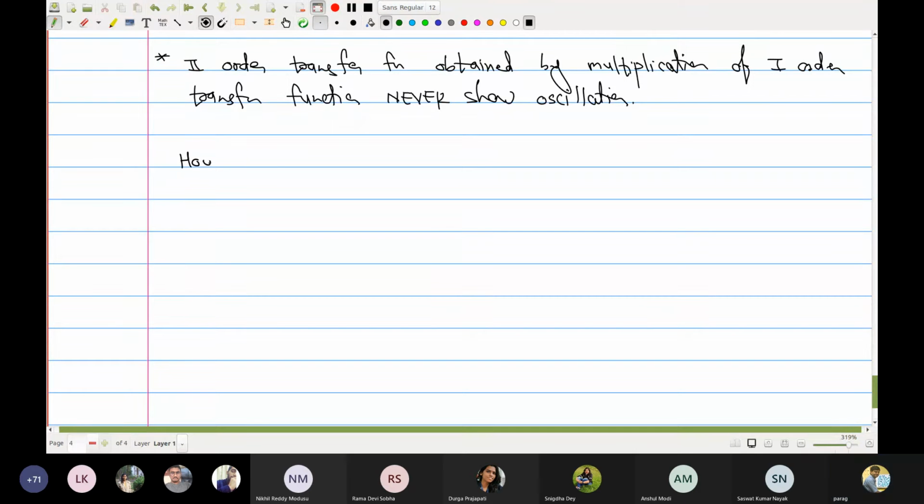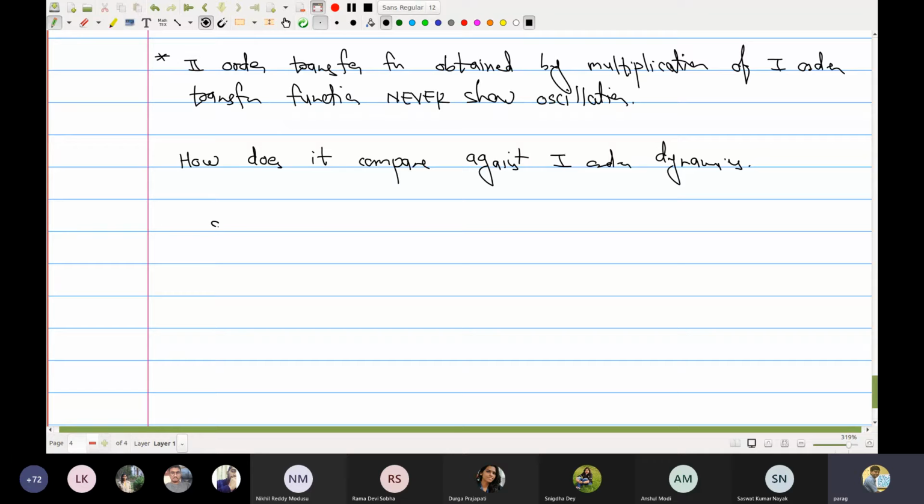how does it compare against first order dynamics?